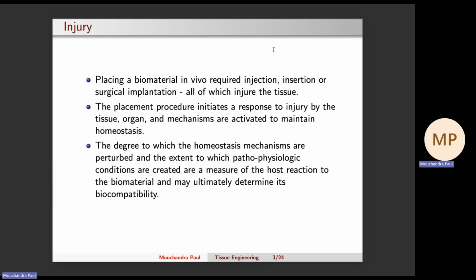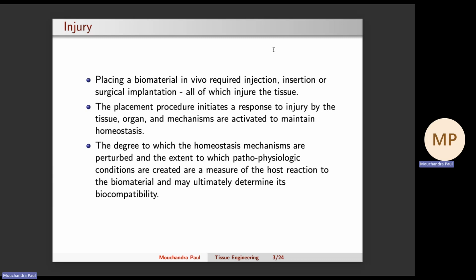To what degree we are disturbing that homeostasis, and to what extent we are creating a pathophysiological condition at that site, these two parameters help us decide whether our implant is biocompatible or not. It's basically a measure of biocompatibility.